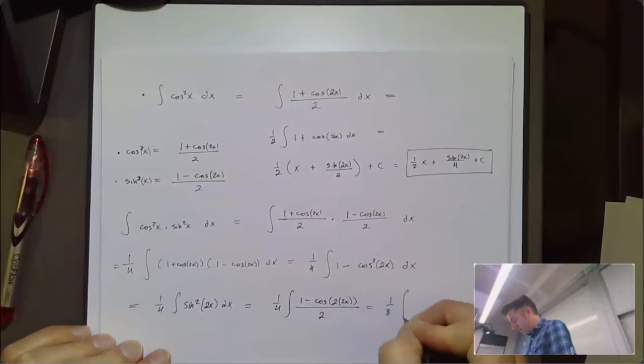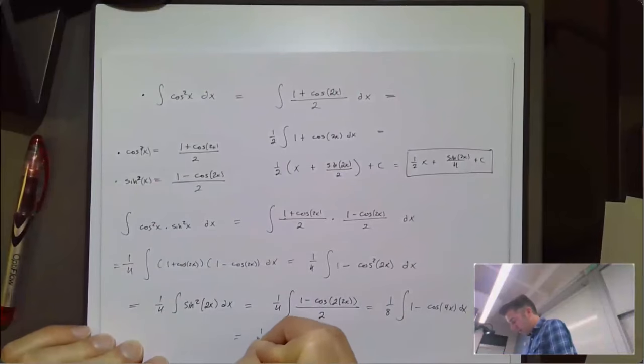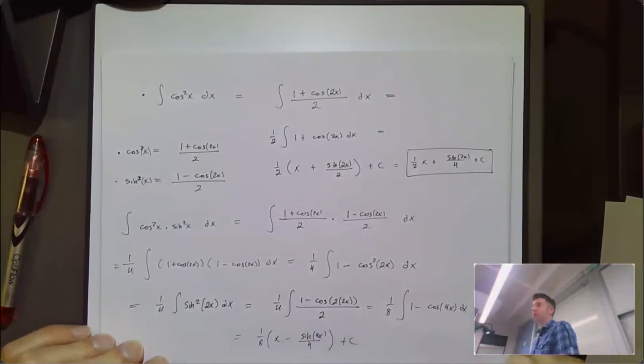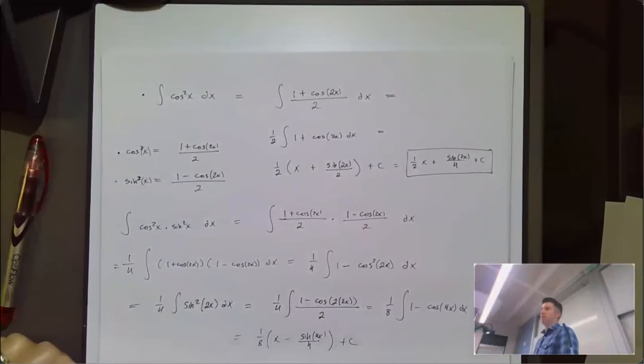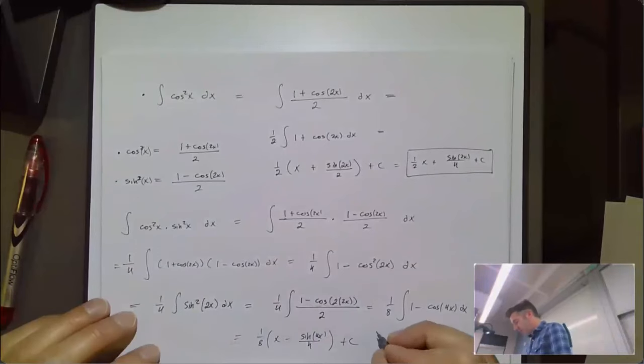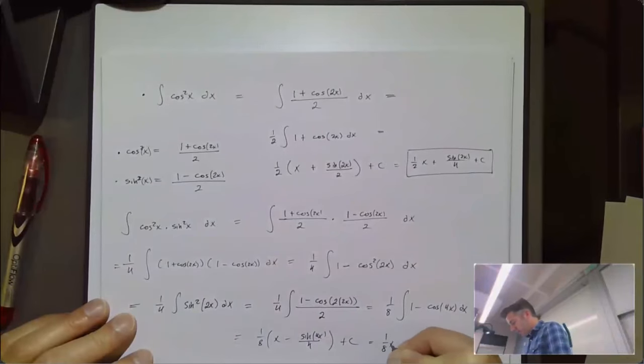So it's 1/8 times the integral of 1 minus cosine of 4x. And then that's going to be 1/8 times x minus sine of 4x all over 4. They're kind of gross. And then I suppose 1/8 x minus sine of 4x all over 32.